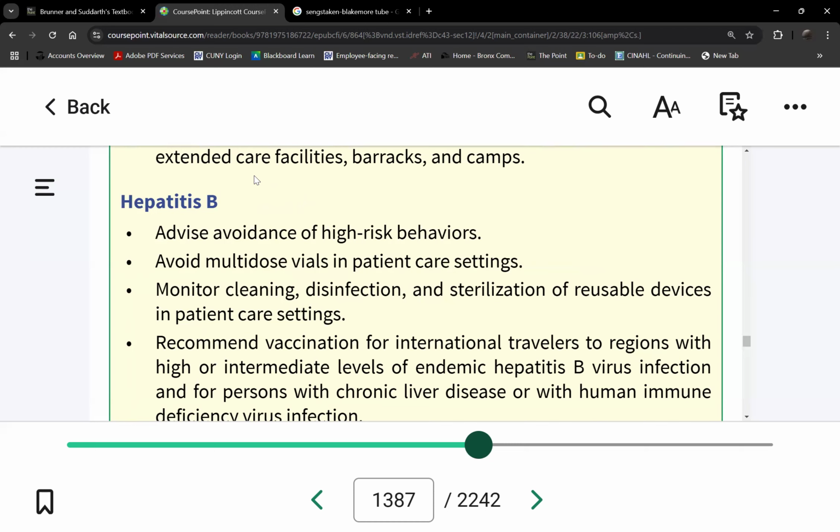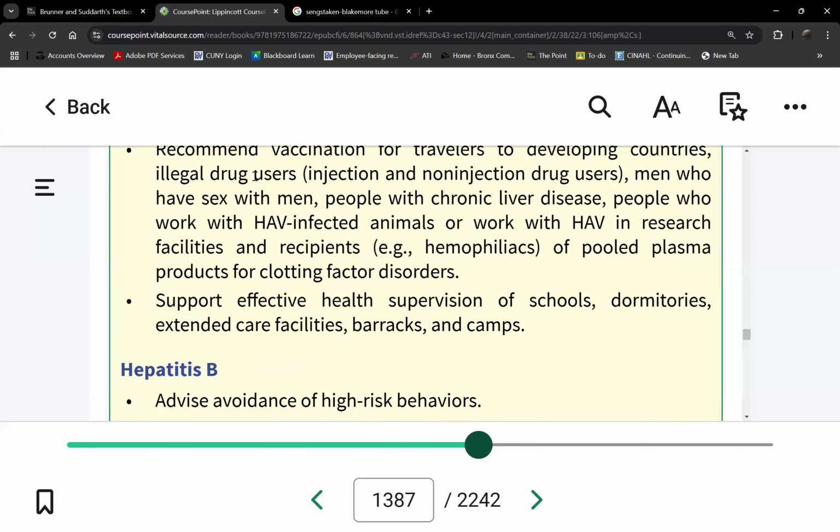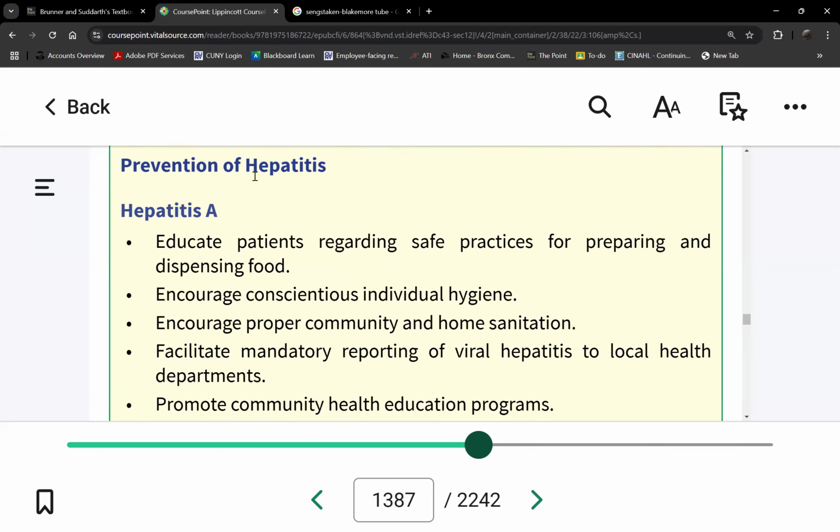So if I ask you which viral hepatitis can be prevented by vaccination, which ones will you pick? A. What about B? B. What about D? Technically, there's no vaccine for D. However, if you receive B vaccination, are you effectively protecting against D?